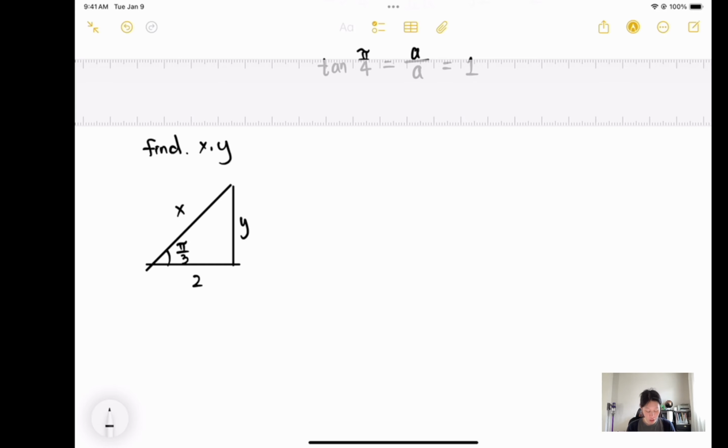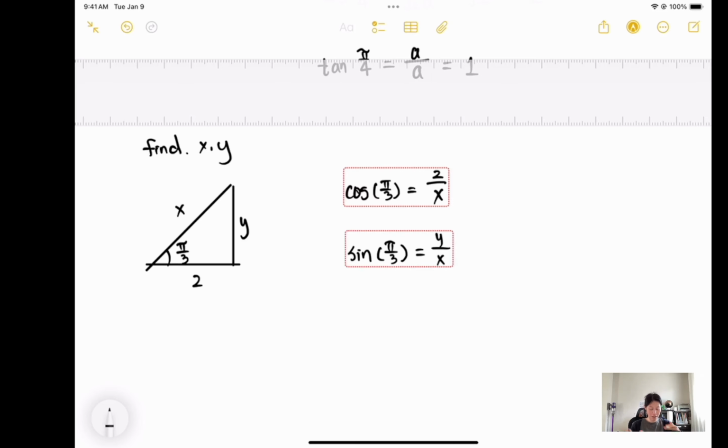Okay, so we know that cosine pi over 3 is going to equal the adjacent side over the hypotenuse. Sine pi over 3 is the opposite side over the hypotenuse.